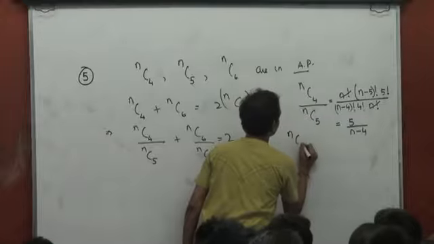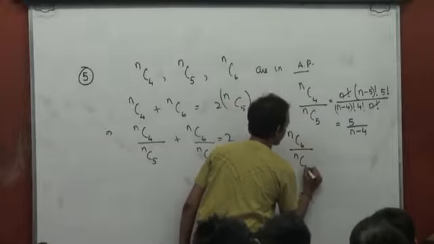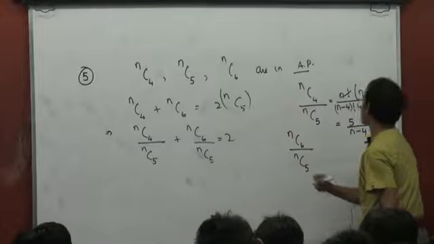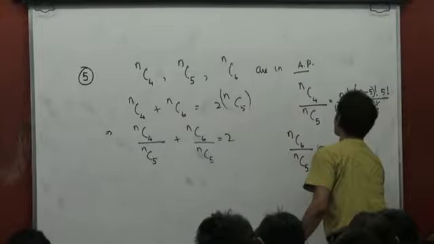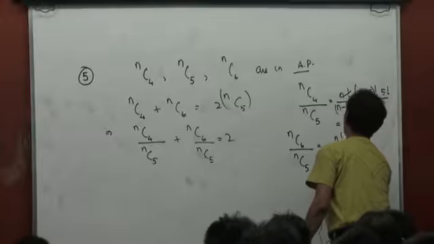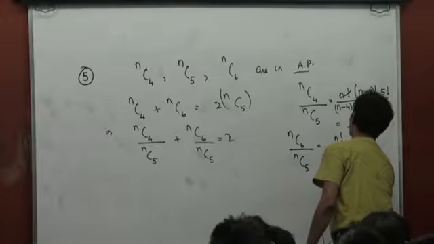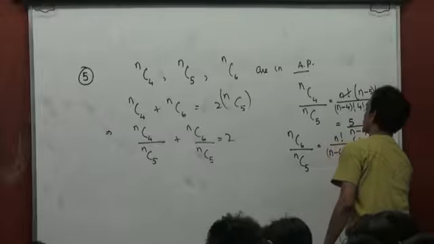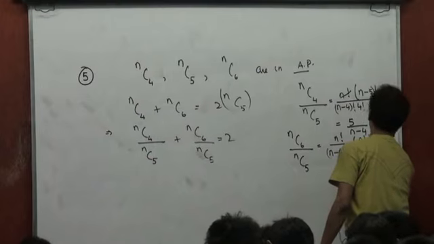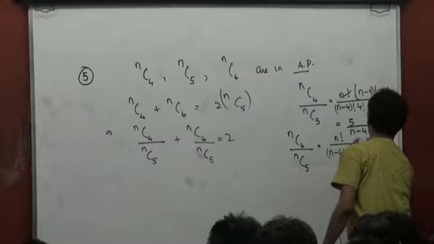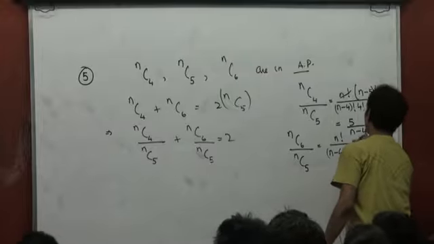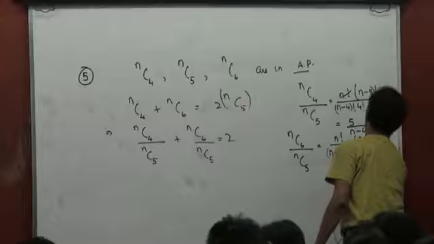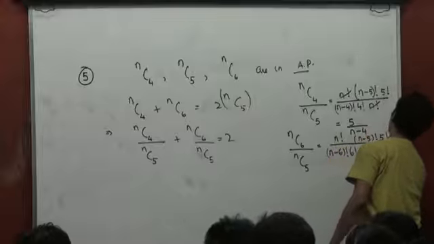Similarly, NC6 by NC5 is n factorial by n minus 6 factorial by 6 factorial, into n factorial by n minus 5 factorial by 5 factorial, right?